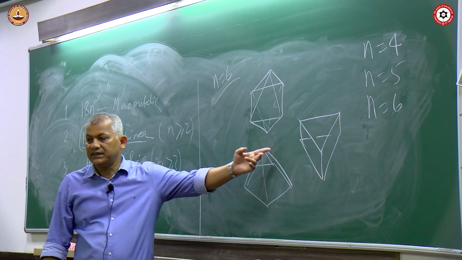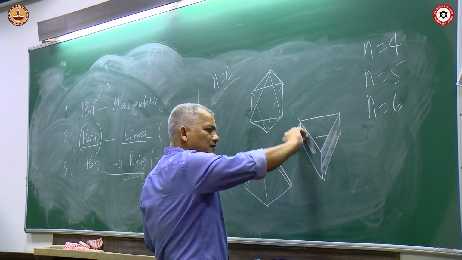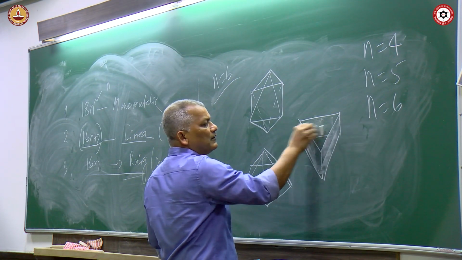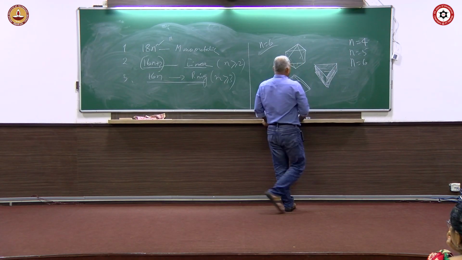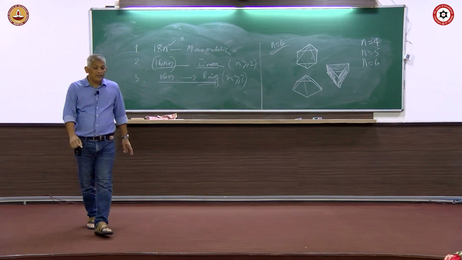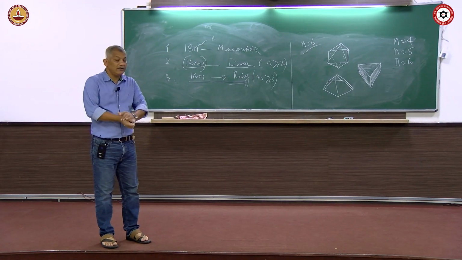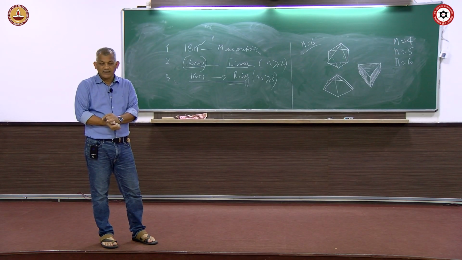But this is a very common geometry. You have 3 square faces. So you have an octahedral, you have a pentagonal pyramid, you have a trigonal prism. This is with n equal to 6.